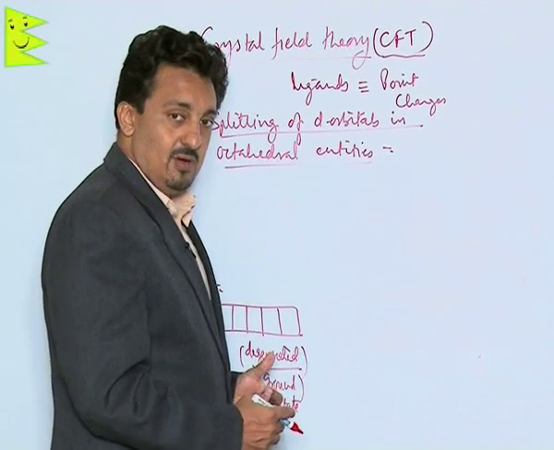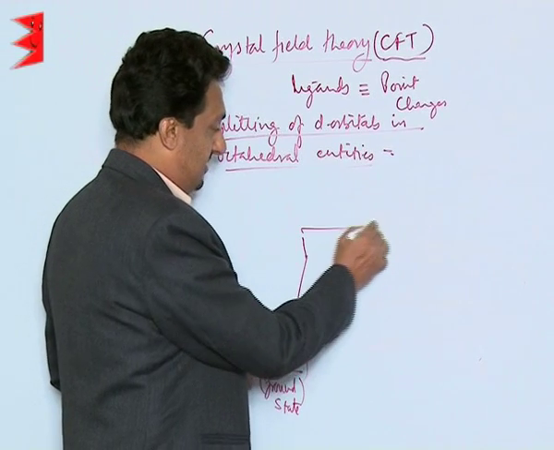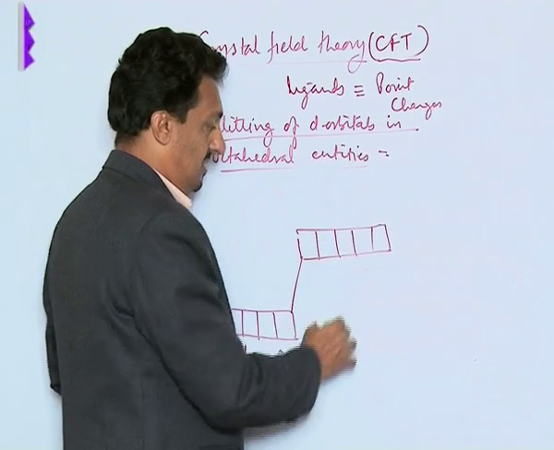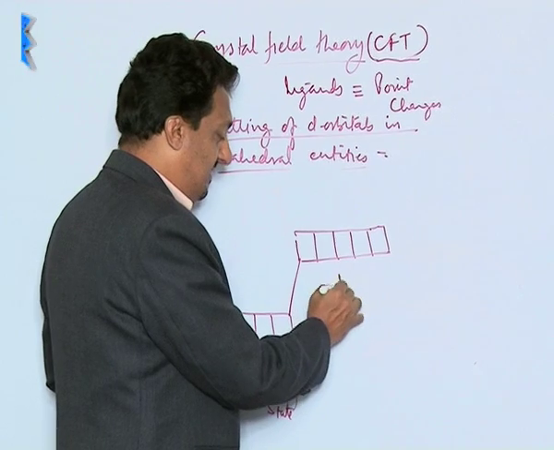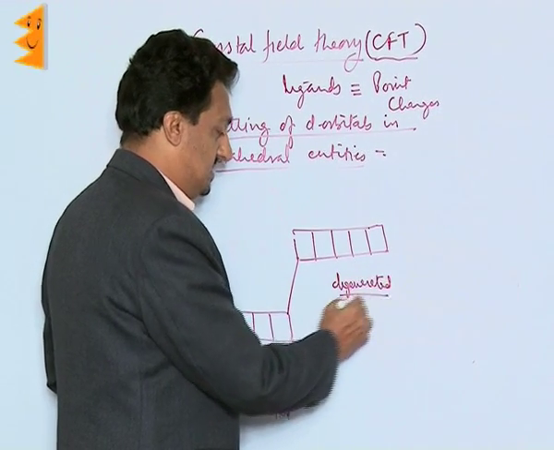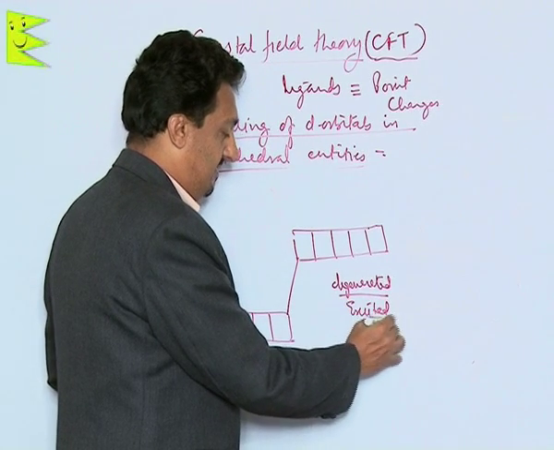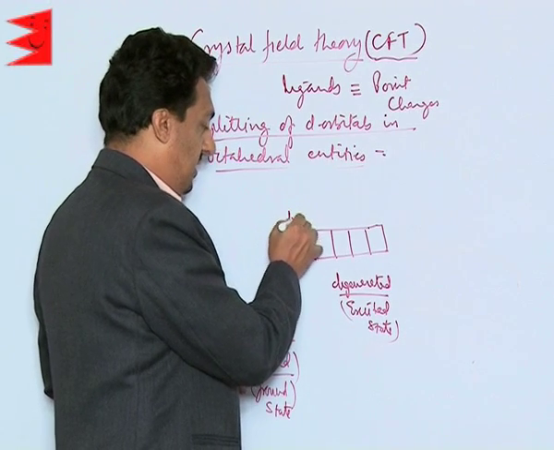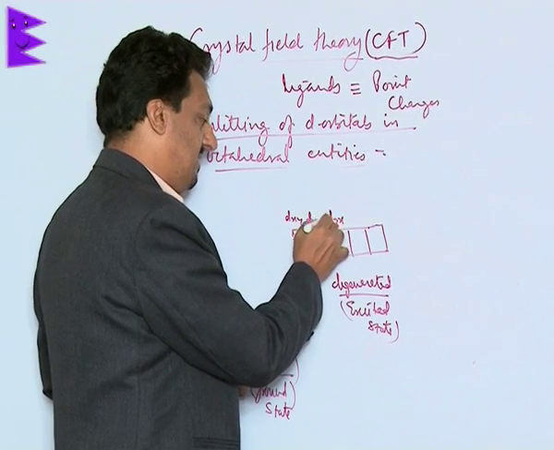When the complex is about to be formed, the energies of this metal ion's d orbitals get increased, so they reach a higher level like this. These still are degenerate, meaning all have the same energies, but we call it the excited state.